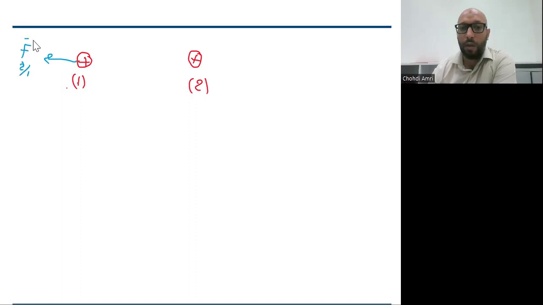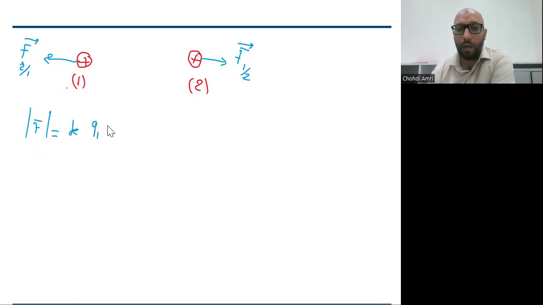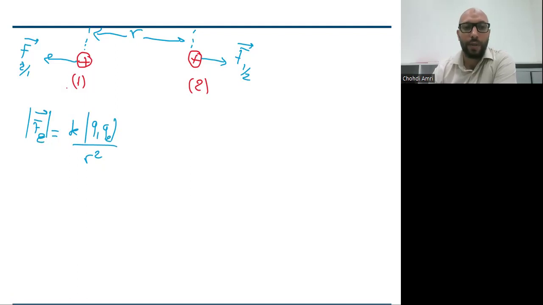This is F2 on 1, and this is F1 on 2. What is the magnitude of these forces? F equals K, Q1 Q2 in absolute value divided by R squared, where R is the distance between them. When we compare this electric force with the gravitational force, what is our gravitational force? The gravitational force is an attractive force.